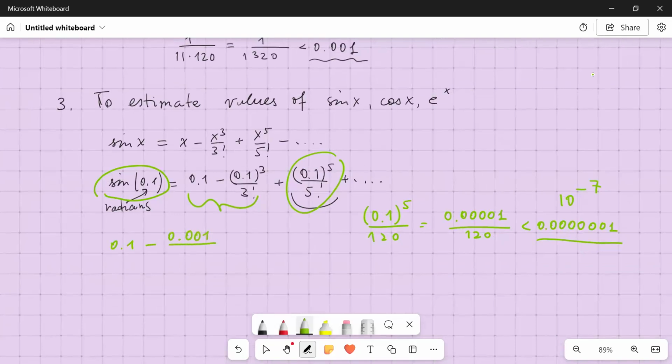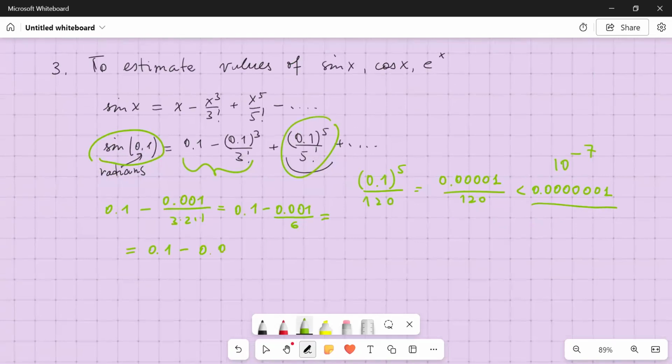That's 0.1 minus 0.001, and 3 factorial is 3 by 2 by 1, which is 6. So it's 0.1 minus 0.001 divided by 6, which is something like 0.0001 and a bit.